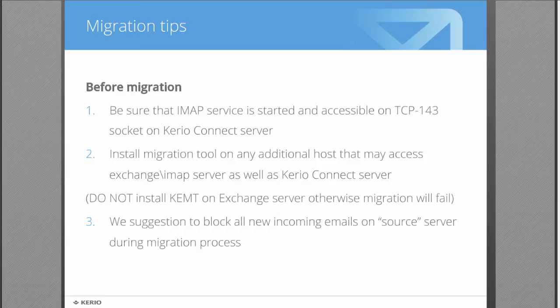Number two is not being put in bold, but should be bold. Do not install the Kerio Exchange migration tool on Exchange. This will not work. So you can install it on any other machine other than Exchange.